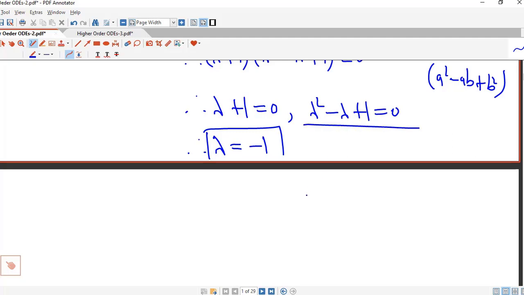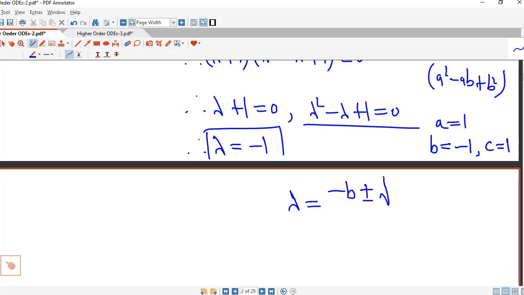And here we consider the standard formula with a equal to the coefficient of lambda square, b equal to the coefficient of lambda, c equal to the constant term. So the formula is minus b plus or minus square root of b square minus 4ac over 2a.